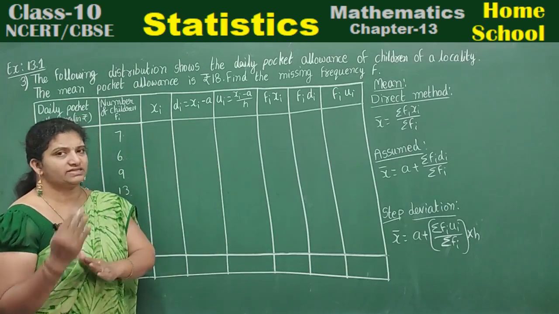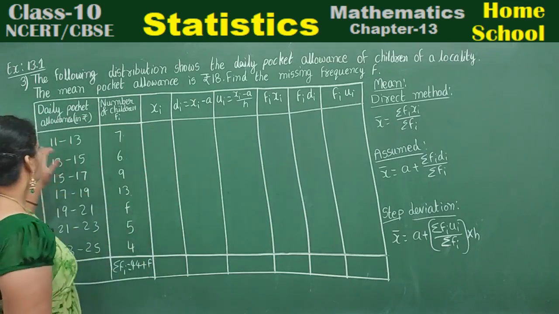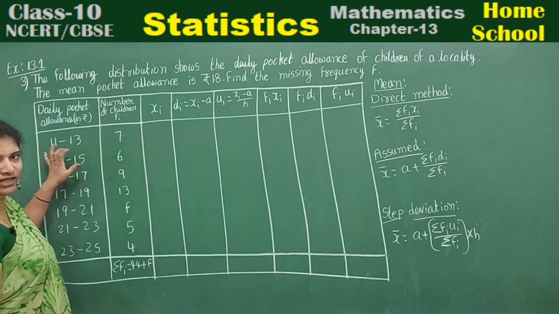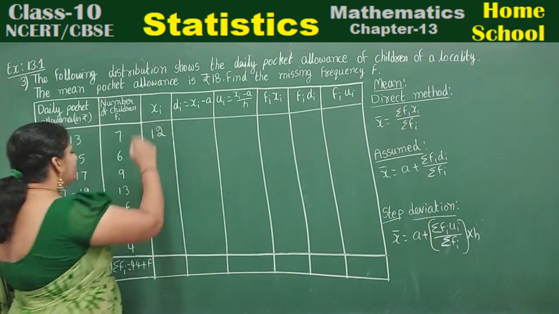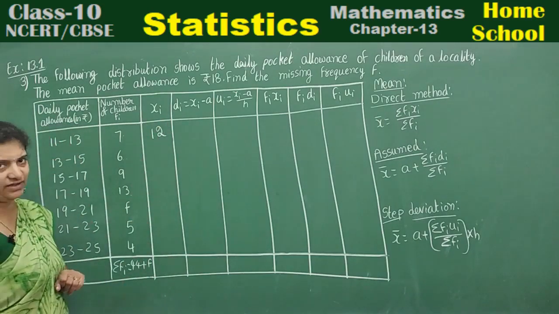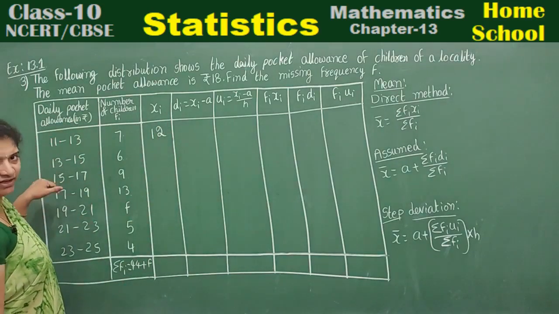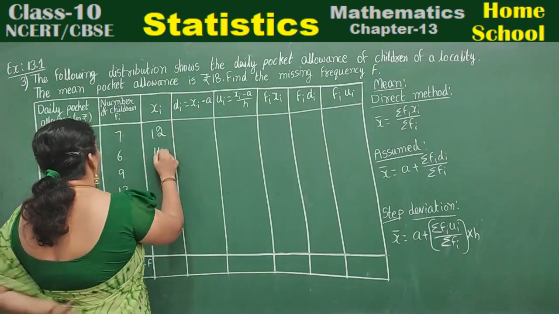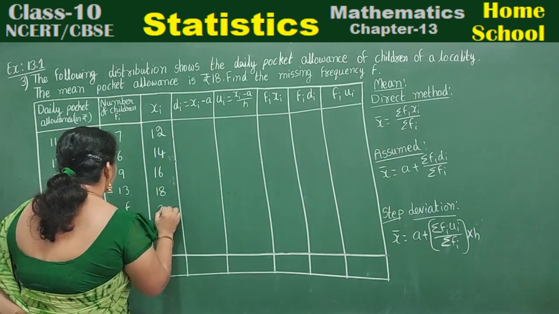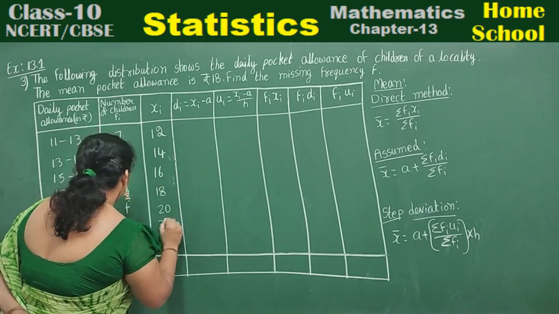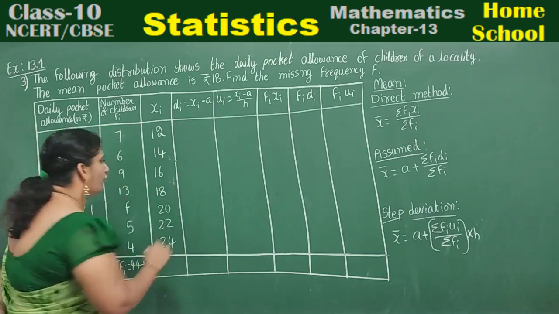Lower limit plus upper limit by 2. 11 plus 13, 24. 24 by 2 will be 12. Similarly for all the class intervals, or you can just take the middle one. So it will be 14, 16, 18, 20, 22, 24.